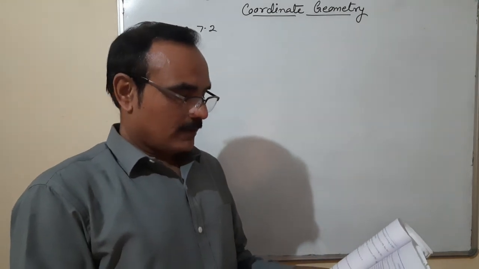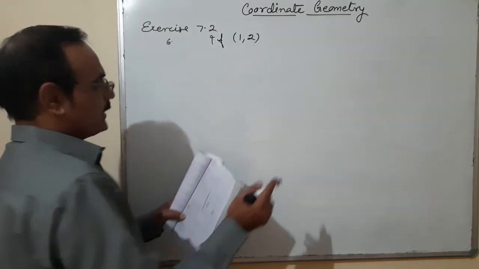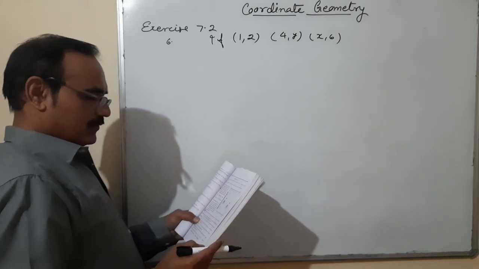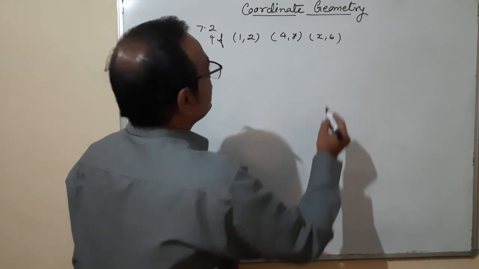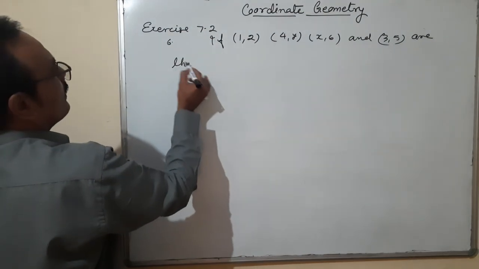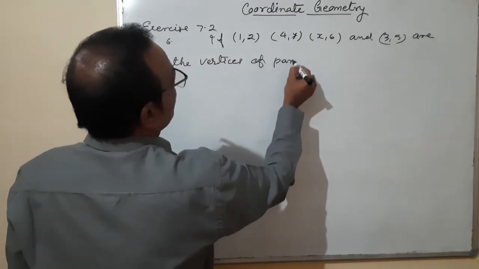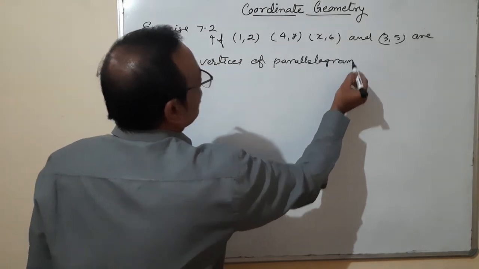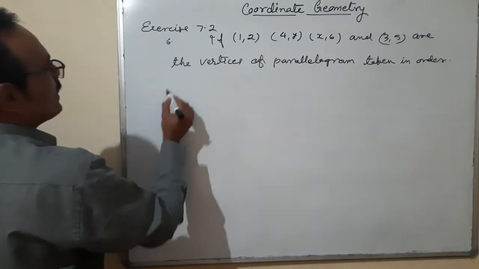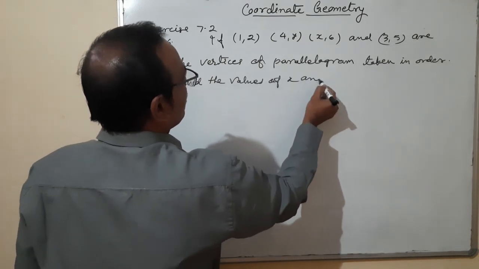that is, if (1, 2), (4, y), (x, 6) and (3, 5) are the vertices of a parallelogram taken in order, find the values of x and y.